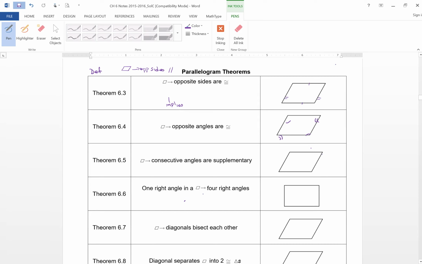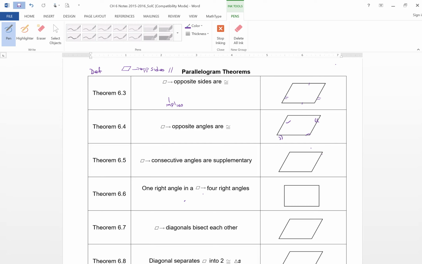All right, the next one is, if you have a parallelogram, consecutive angles are supplementary. Consecutive angles, right? And we already know this. Yes? Because if I have two parallel lines and a transversal, then same side interior angles are supplementary, right?